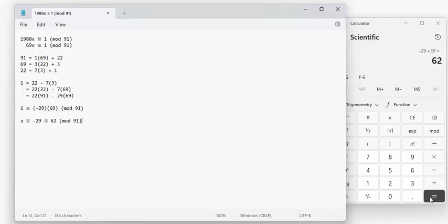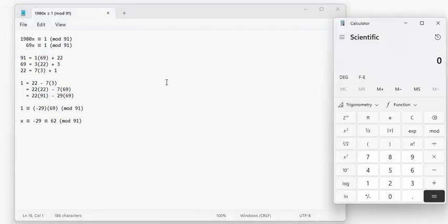You see, if you want to do this by inspection, you have to multiply 69 many times. Do not do that in the exam. Use Euclid's algorithm. You can check if you want: 69 multiplied by 62 is 4278. Divide by 91, subtract 47, multiply again with 91, and you get a 1.